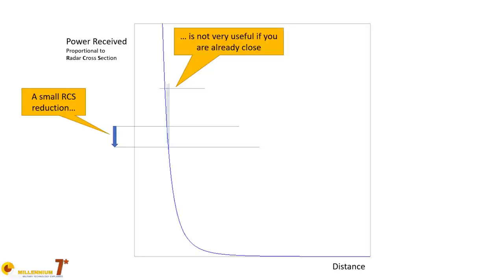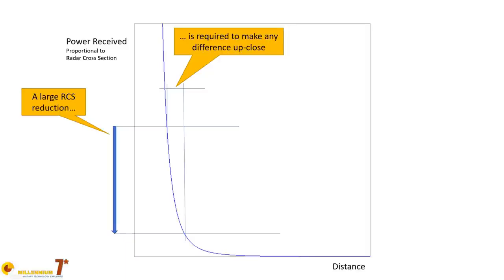If the probability of detection decreases with the fourth power of the distance, it means that even a small reduction in radar cross-section will do wonders at a long distance. But the flip side is that when you get close to the target, also the probability of interception increases with the fourth power.